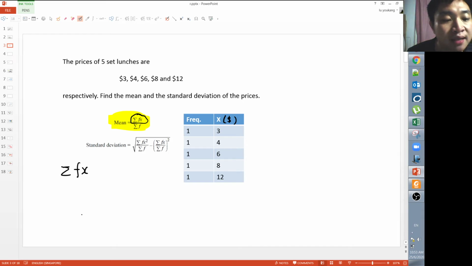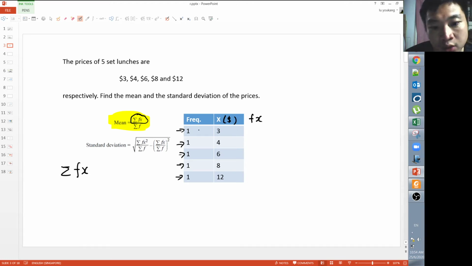So what I'm going to do is find out what my fx is for each row. This column will be my fx. So fx means f times x.